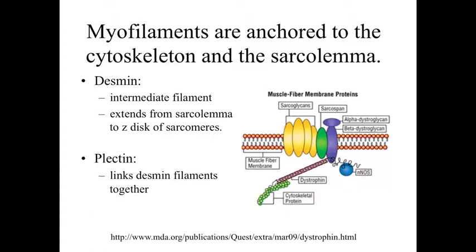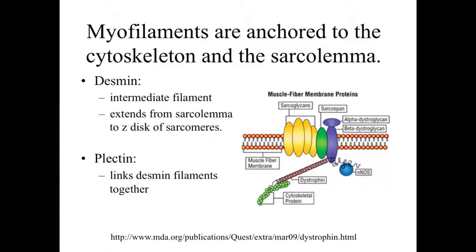And so if we take a look at this in terms of the proteins, the cytoskeletal proteins are going to be things like desmin as an intermediate filament. They're going to extend from the Z line, from that Z disc of the sarcomere, and it's going to be connected to a variety of other cytoskeletal elements like plectin, or ultimately linked through dystrophin, a molecule, to the plasma membrane, to the skeletal muscle cell membrane.